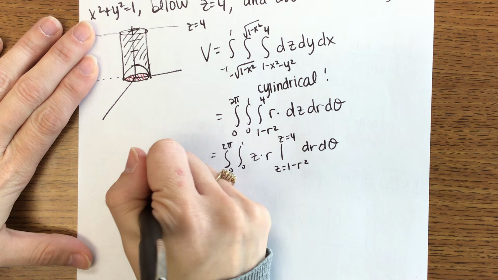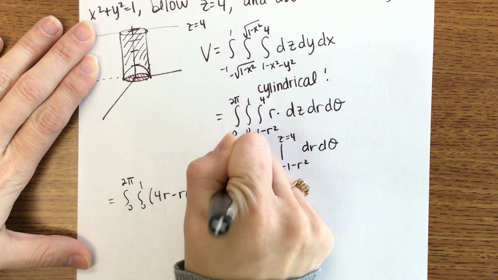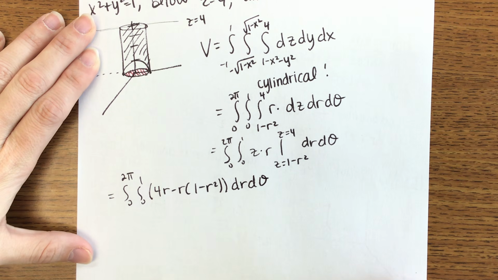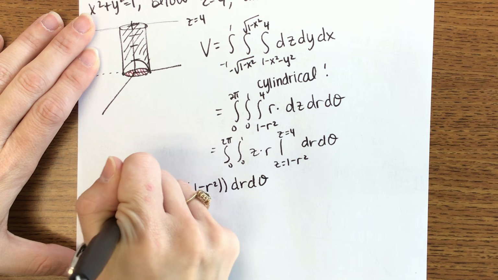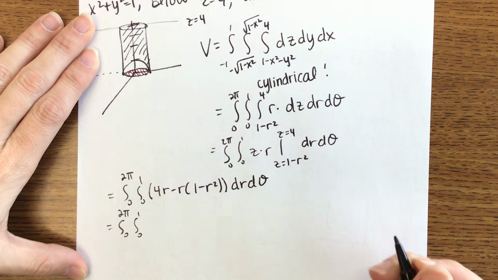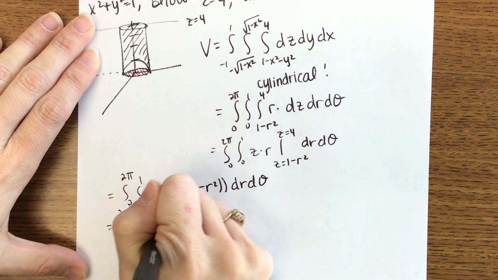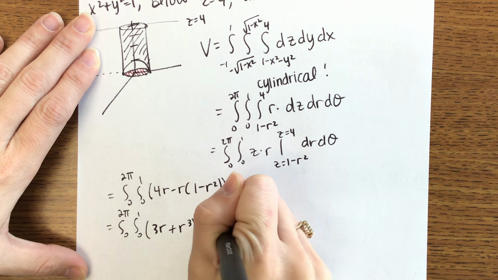So I have then 4r subtract r times 1 minus r squared. I have 4r subtract r, so that's going to give me 3r. Add r cubed.